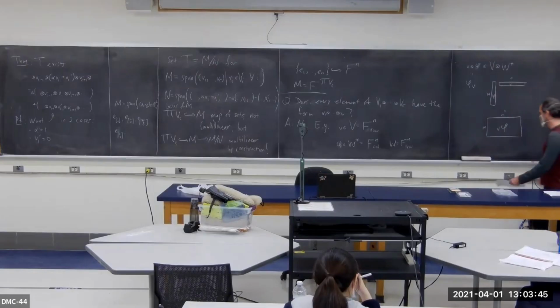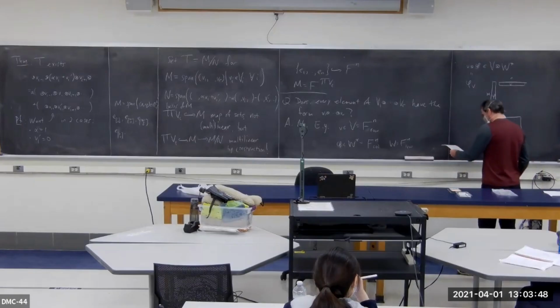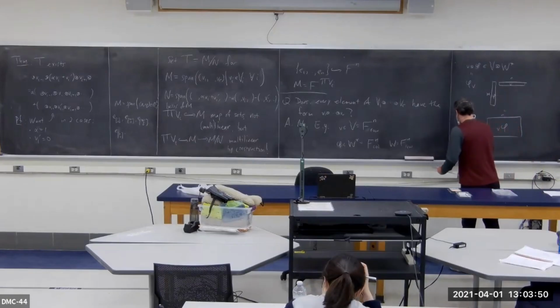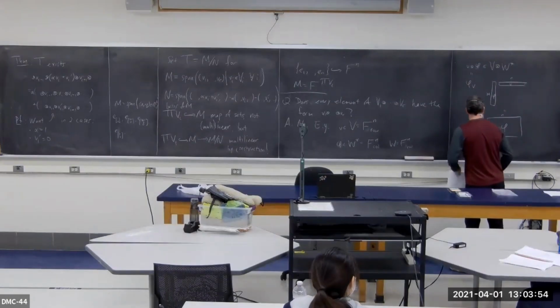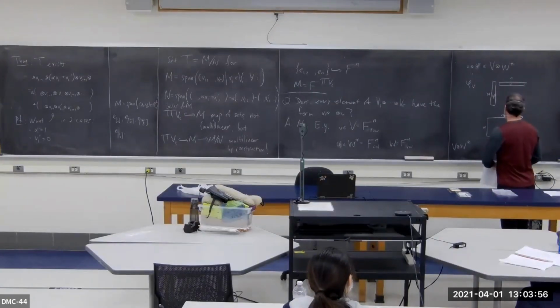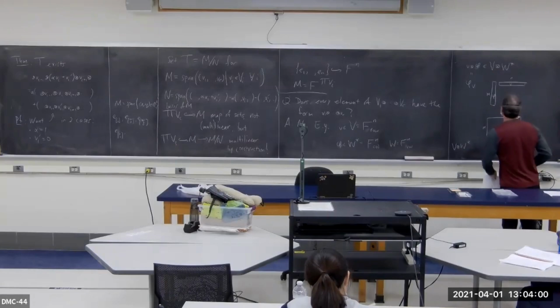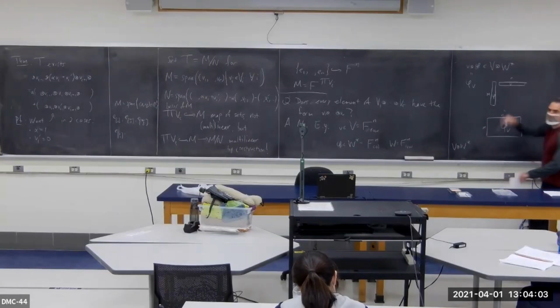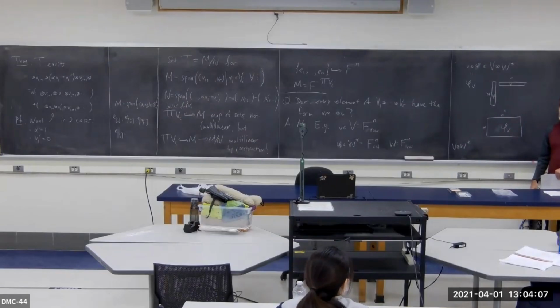So I claim that V tensor W star, wait, is that CV or VC? I'm sorry, this is V. What did I write down? Yeah, V. So is V tensor W star the set of rank 1 m by n matrices? Yes, that's going to be the point.